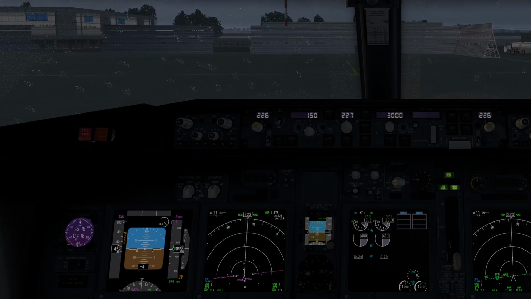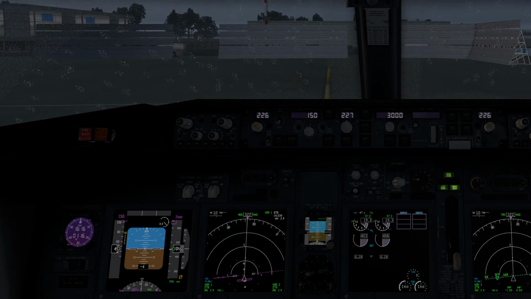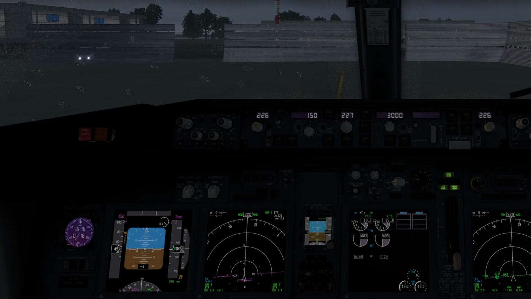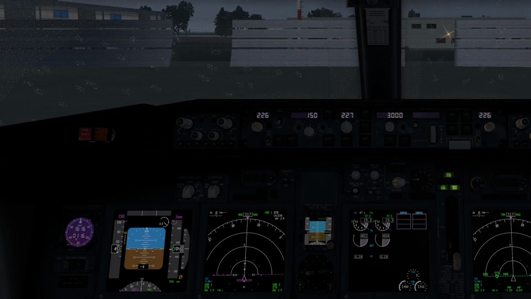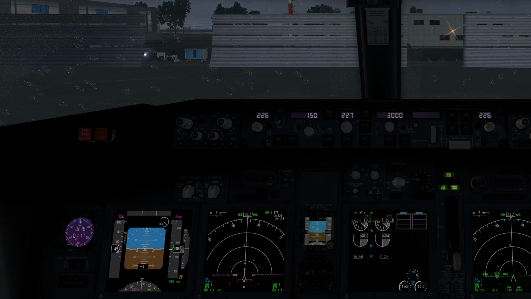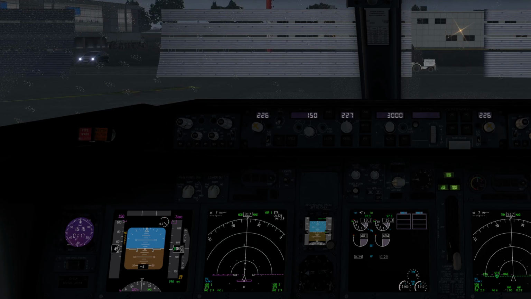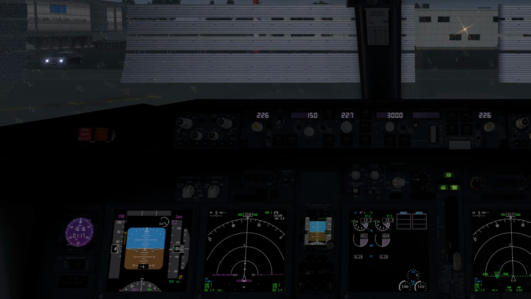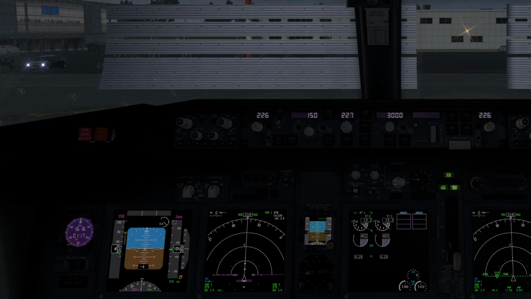Okay, we can stop here. This stand. Then we'll do a very quick replay on the arrival. It was a butter. You don't see that every time. So stop here. Parking brake set.